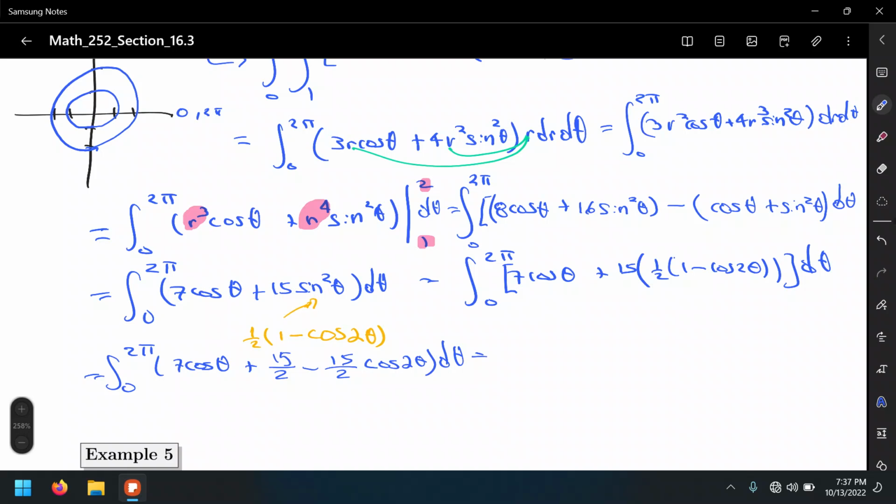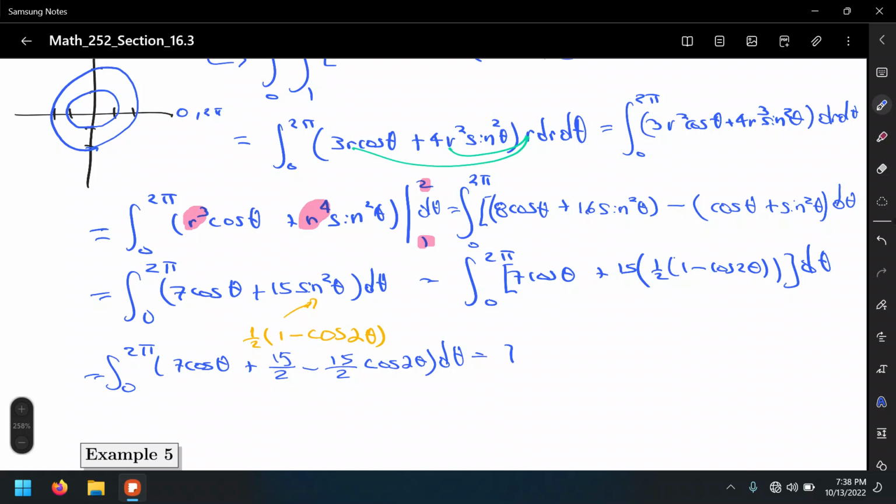And well, after that we may go about the integration. We can integrate cosine, that's going to be sine. We can integrate 15 halves, that's going to be 15 halves theta. And we can integrate 15 halves cosine of 2 theta, that's going to be 15 halves times the integral of cosine 2 theta, which is sine 2 theta, but times a factor of a half.